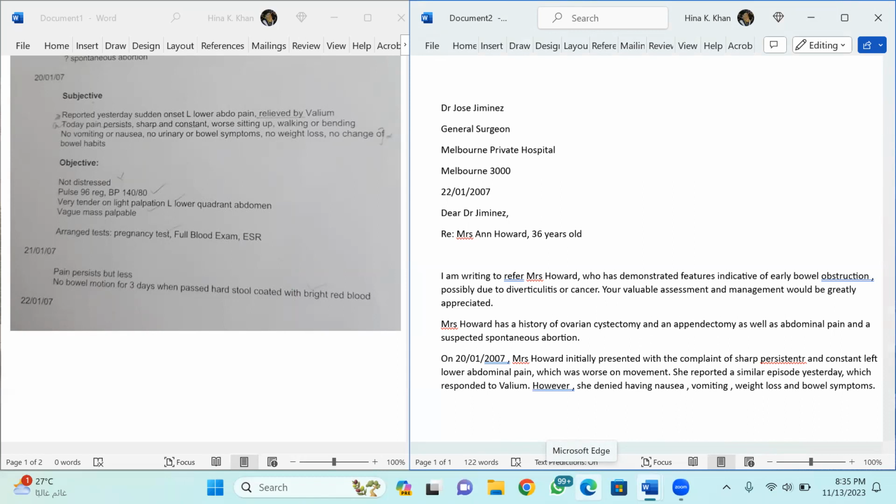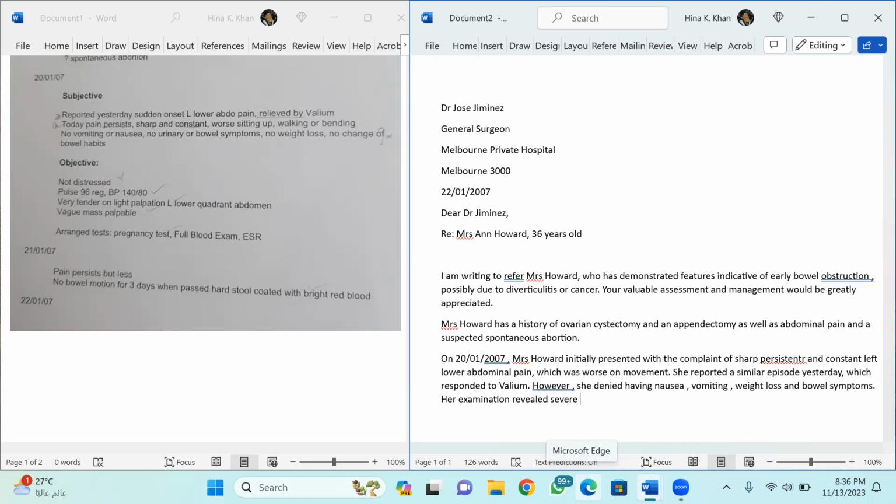Okay. Now you can just start. On examination, or you can say her examination. You can choose anyone you like. Her examination revealed what? It was tender and mass. Now instead of very tender, I will write the synonym.